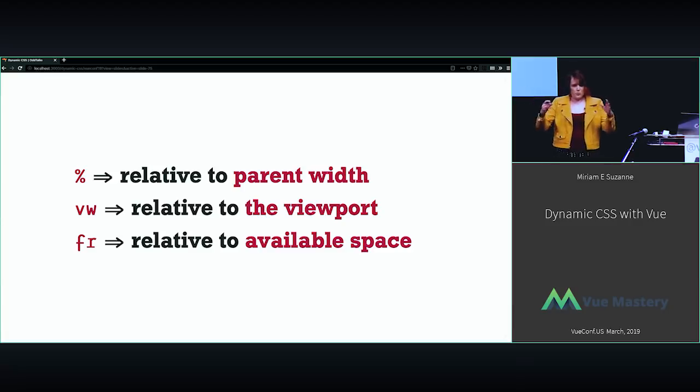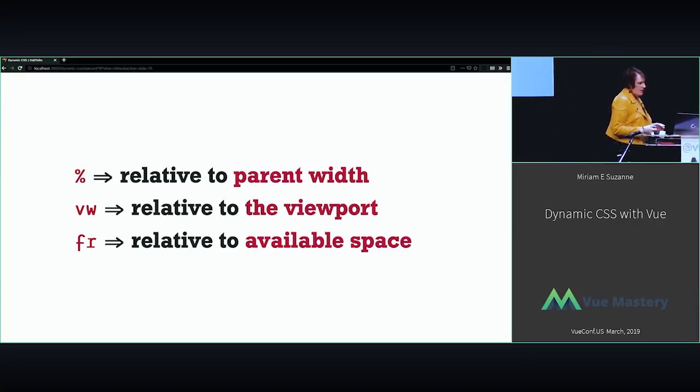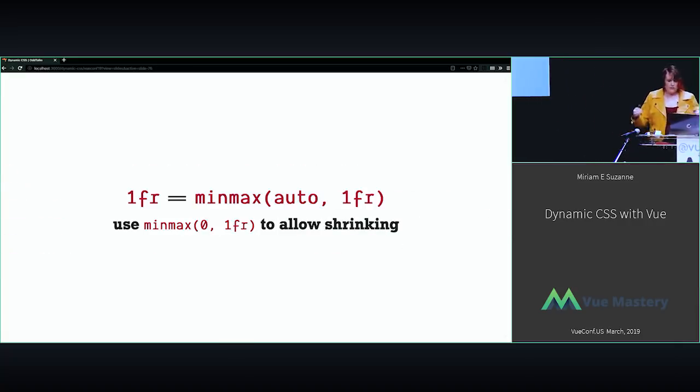Percentages are relative to the parent. Viewport units, viewport width is relative to the entire window. And fractions are relative to available leftover space, whether that's positive or negative space. So those all work slightly differently and do something a little bit similar.